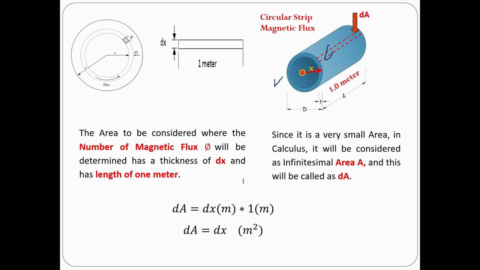It has a thickness dx and a length of 1 meter. Since it is a very small area, in calculus it is considered an infinitesimal area, called dA. To get dA, it is simply the width dx multiplied by the length of 1 meter. So dA is equal to dx times 1 meter. Therefore, dA is equal to dx in square meters.